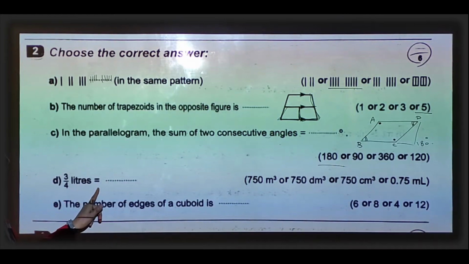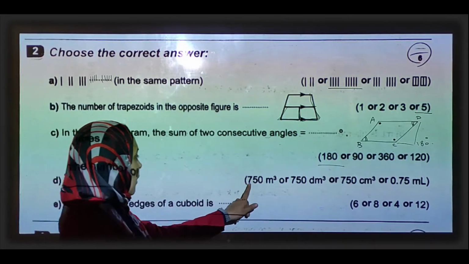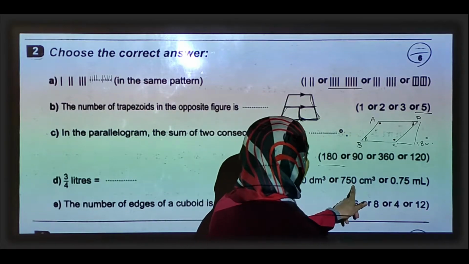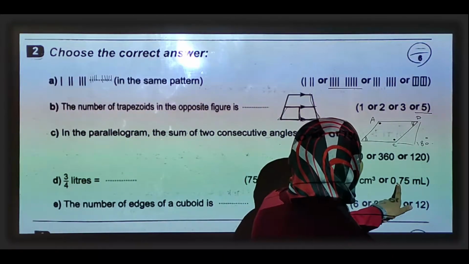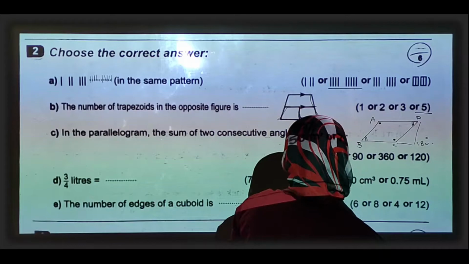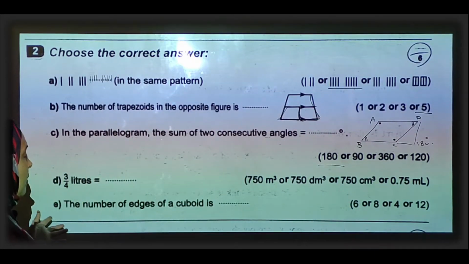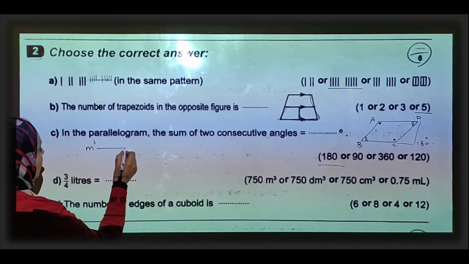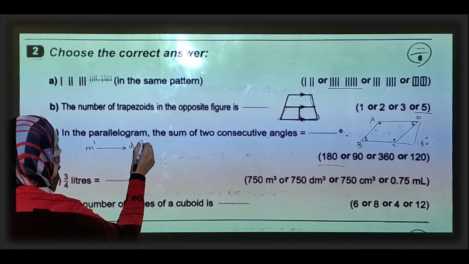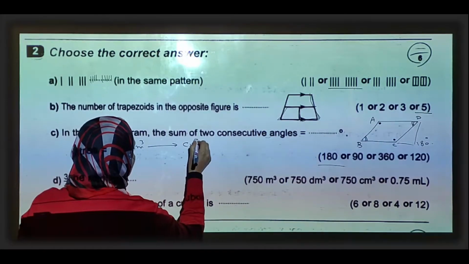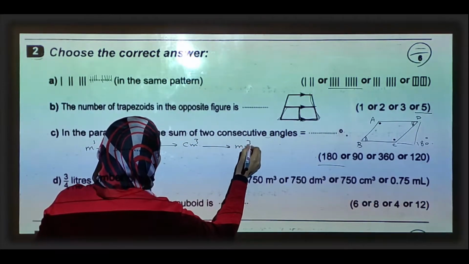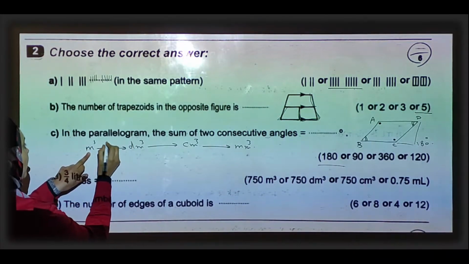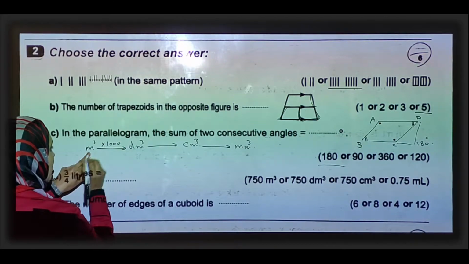3/4 liters equals what? 750 meter cube, 750 decimeter cube, 750 centimeter cube, 0.75 millimeter cube. First, meter cube to decimeter cube to centimeter cube to millimeter cube. From meter cube to decimeter cube, we multiply by 1000.